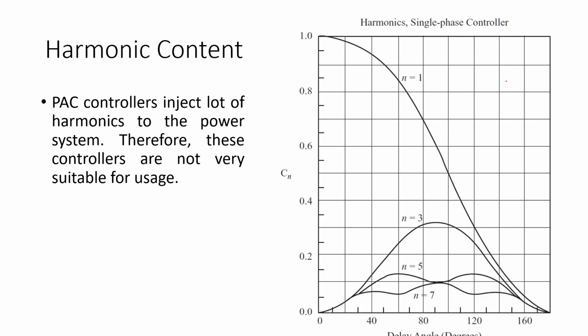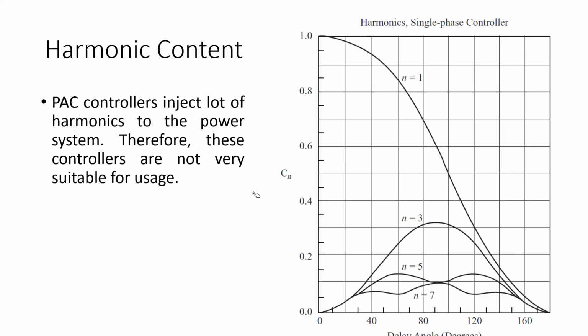And if you consider the output of these AC controllers, these are actually voltage harmonics. So this is the amplitude. I think you remember these things from your signals and systems lecture.